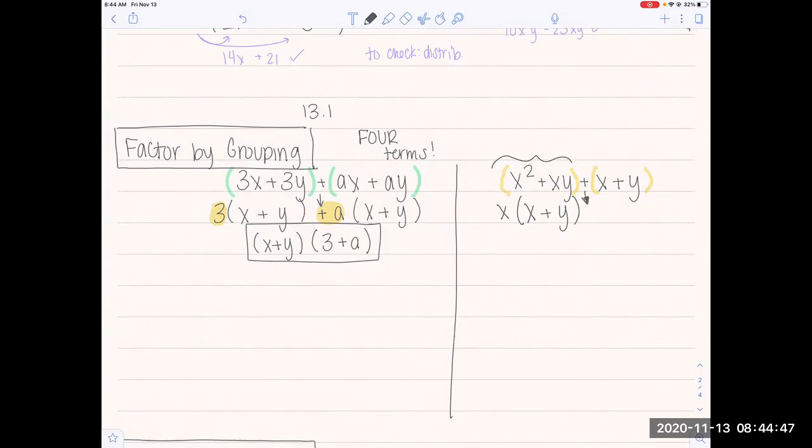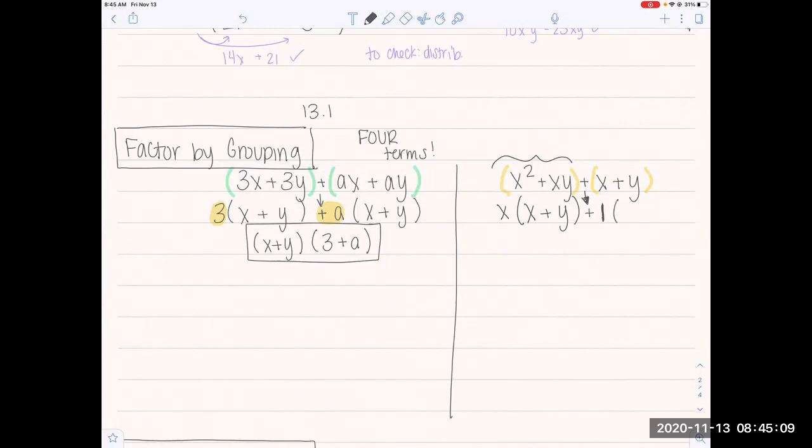X and y, those 2 things don't have anything in common. And so this is something you may have run into in the homework. If the 2 numbers don't have anything in common, the only thing that I can pull out is a 1 because they don't have anything in common. So the greatest common factor is 1.